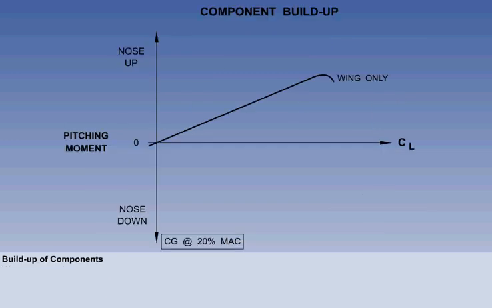The graph shows a typical build-up of components and their effect on longitudinal static stability. The wing is destabilizing. The wing and the fuselage together are even more destabilizing. The tailplane contribution is very stabilizing.